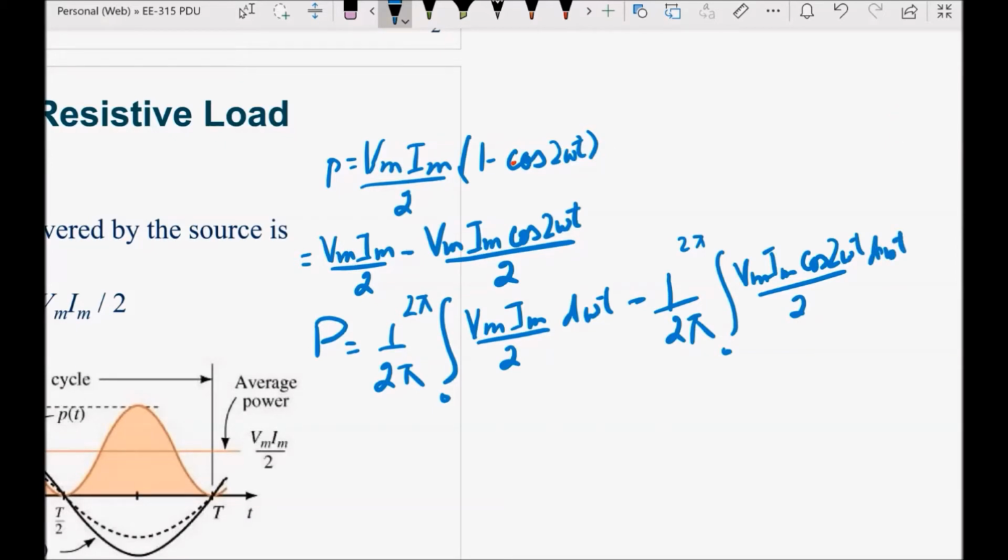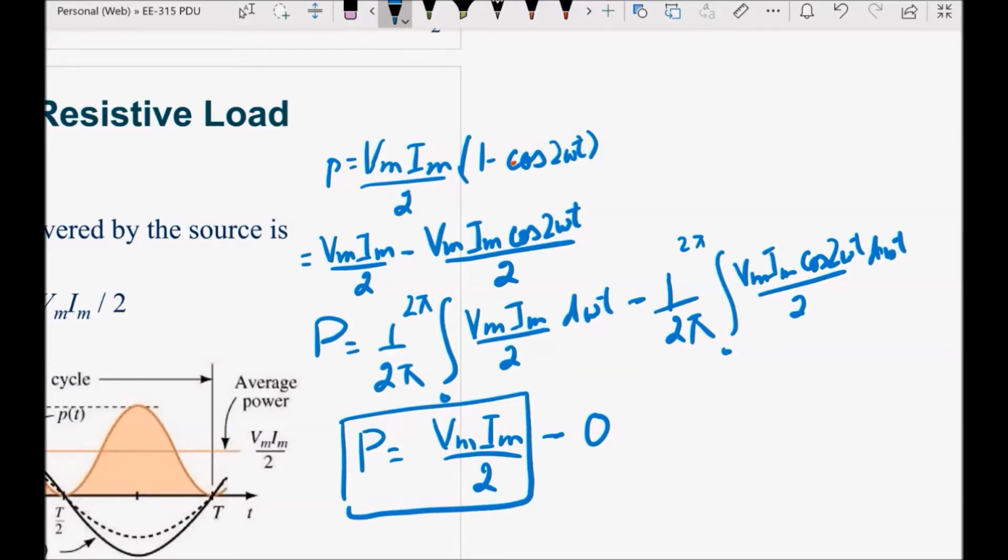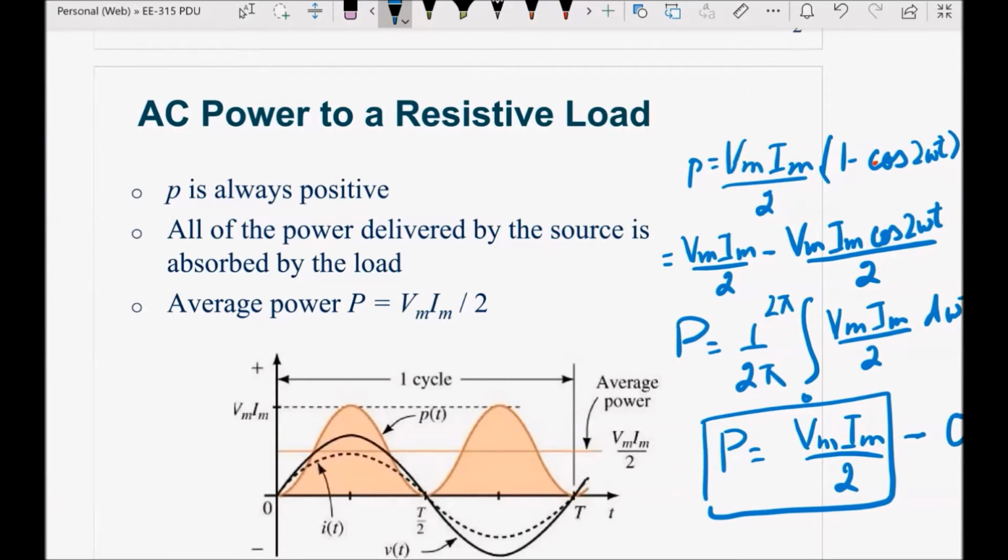After solving it further, the first part will return a value equal to Vm Im by 2, and the second part will return a 0. So the net power is going to be Vm Im by 2, which is also written here.